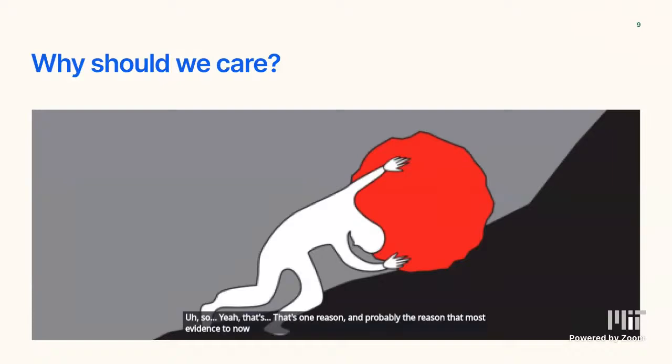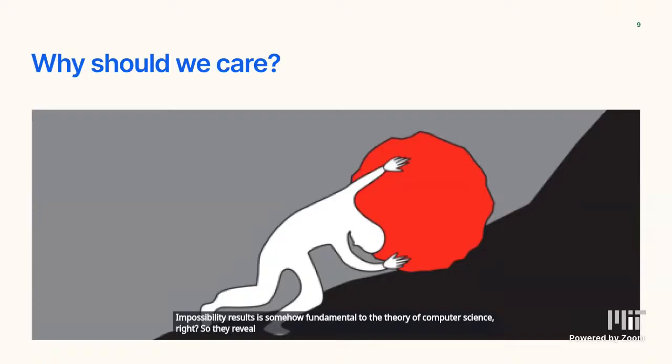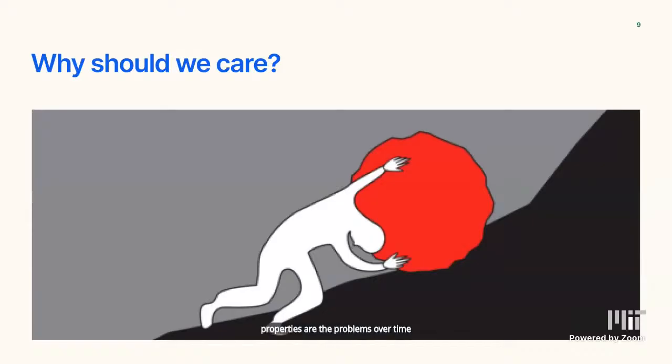Hopefully, there are many other reasons, because the study of impossibility results is somehow fundamental to the theory of computer science. They reveal very important structural properties of the problems that we're trying to tackle, and not just show that something cannot be done. Sometimes they will show that some things can be done.